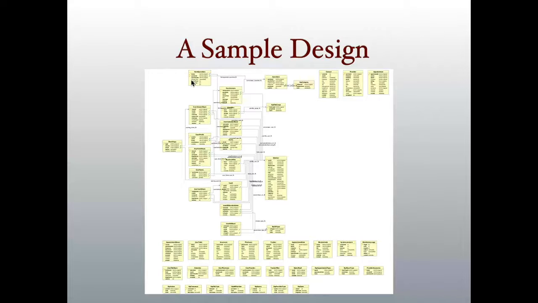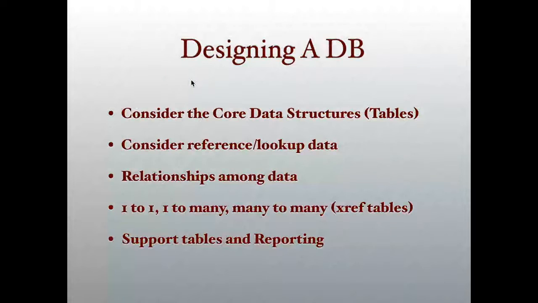So it can be very simple, like our little 3-line address definition in a spreadsheet, or it can get very complicated very fast, which is not uncommon for people who start with a spreadsheet and then it gets complicated and they say, okay, now I've got to go to a database.